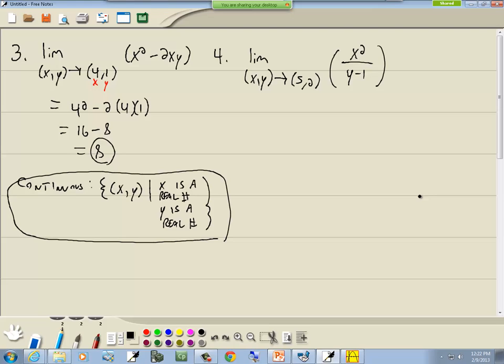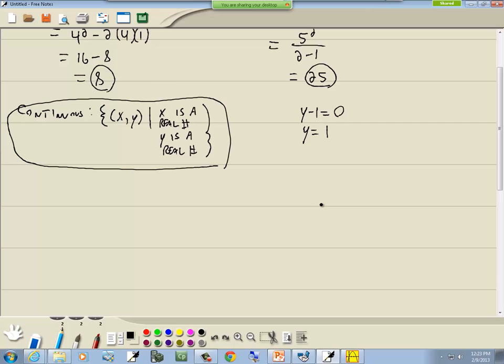Okay. So to find our limit, it's as simple as just plug in the values. Put 5 in for x, so we've got 5 squared, and then put 2 in for your y, so 2 minus 1, which gives us 25. Now we got a fraction. Whenever you have a fraction, set your denominator equal to 0, and then solve it. And we get y is equal to 1. This is the area that causes us a problem.